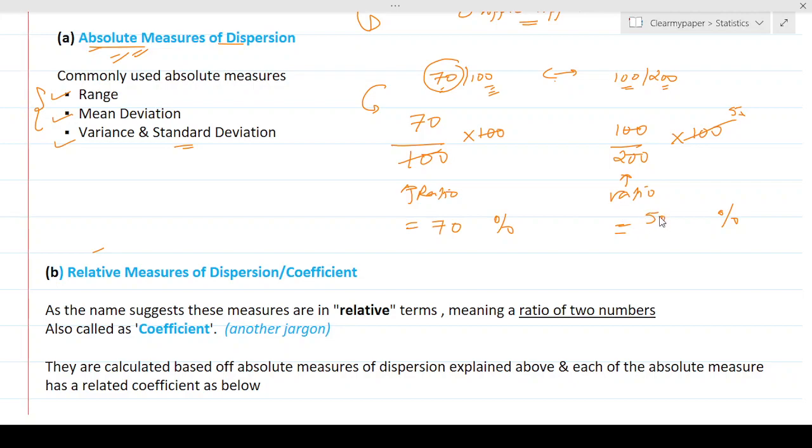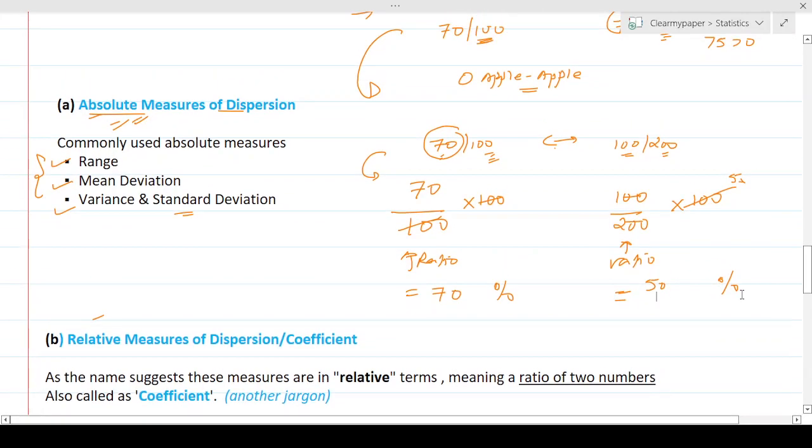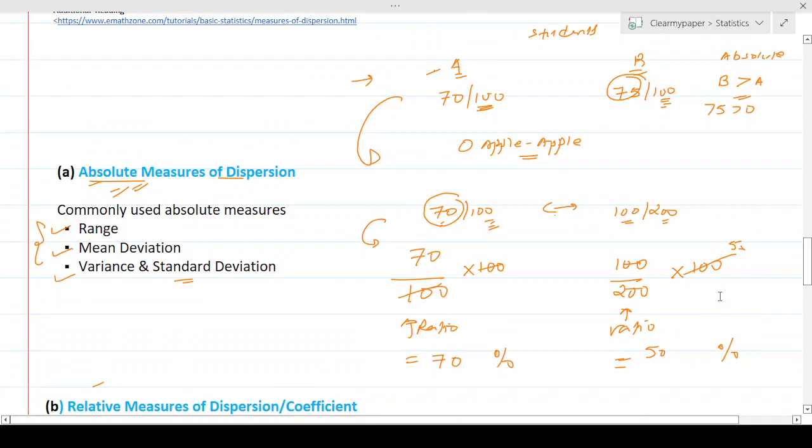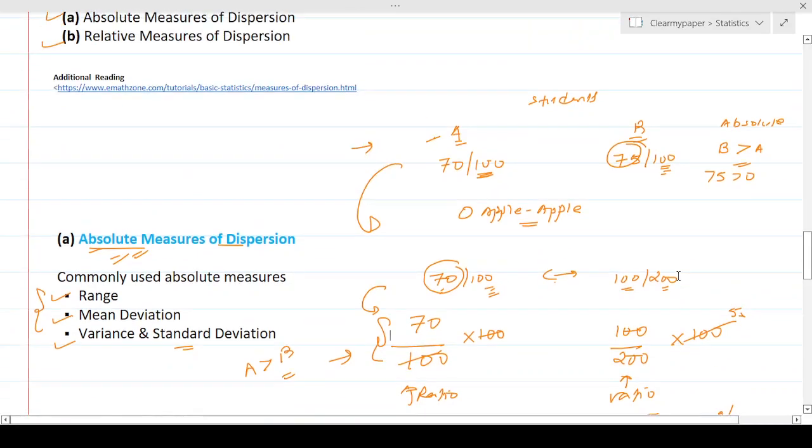So we got 50%. Now we realize that when we take the ratio, because the bases are different in terms of relativity, we say that in this case, student A has got a better percentage than B because 70 is bigger than 50. But percentage is a relative measure or a ratio of two numbers, and that's it, then we are able to figure that out. So the same fundamental applies here for variability.